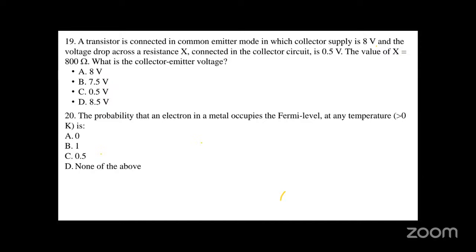The gap for a semiconductor is small, narrow, but for an insulator, the gap is wide. So here we are asked the probability that an electron in a metal occupies the Fermi energy level at any temperature greater than 0. Whether greater or less than 0, the electrons will always be in both conduction and valence band. But the questioner is asking, what is the probability of an electron in that band?